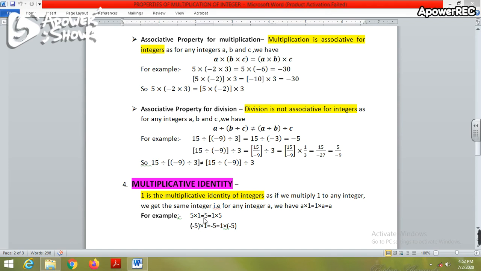For example, if I multiply 5 by 1, I am getting 5 again, or you can multiply 1 by 5, you are again getting 5. Similarly, if you multiply minus 5 by 1, you are getting minus 5 again, and if you multiply 1 by minus 5, again you are getting minus 5. So here we learn that 1 is a multiplicative identity of integers.